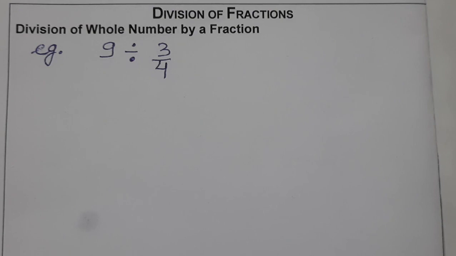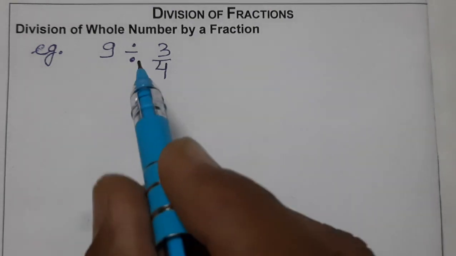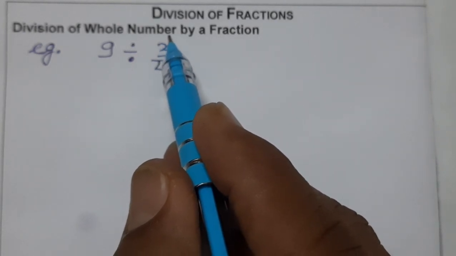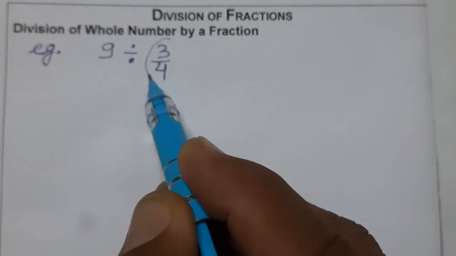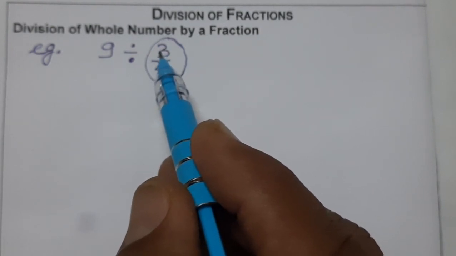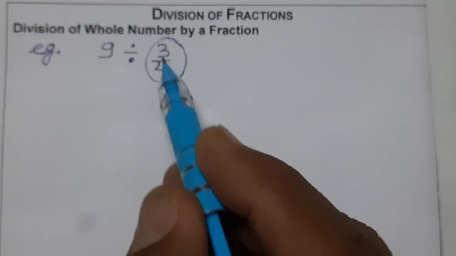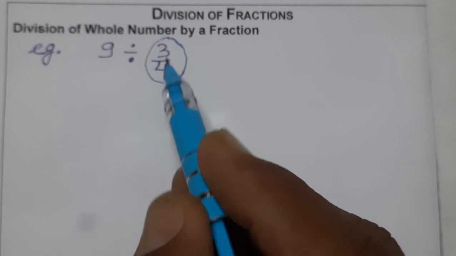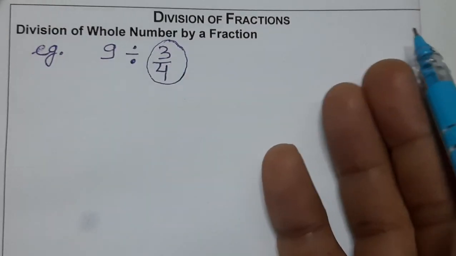Now how to divide? Whenever we are dividing a whole number by a fraction, always see the right hand side part. Whether it is a whole number or fraction or mixed fraction, whatever, you have to first of all see the right hand side part. Here the right hand side part is 3 by 4.